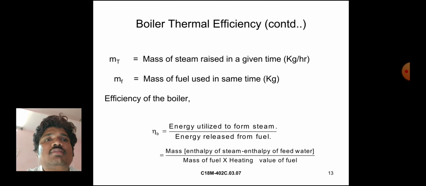Mass times enthalpy of steam minus enthalpy of feed water, divided by mass of fuel times heating value of fuel. These two in ratio are called boiler thermal efficiency.